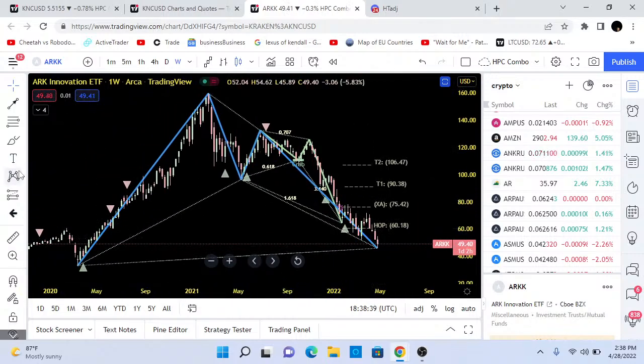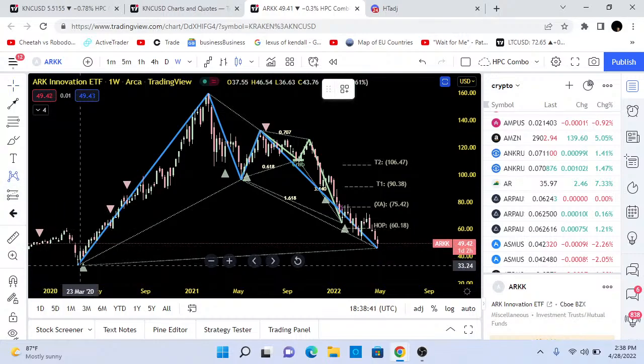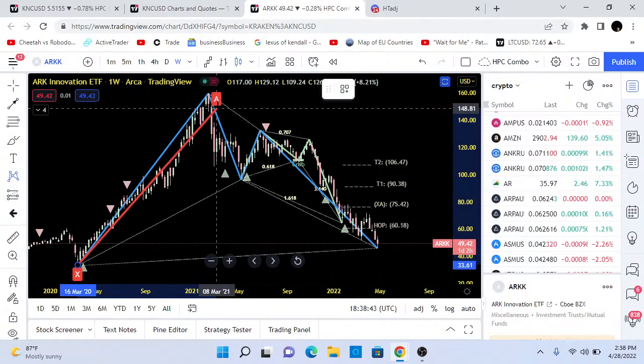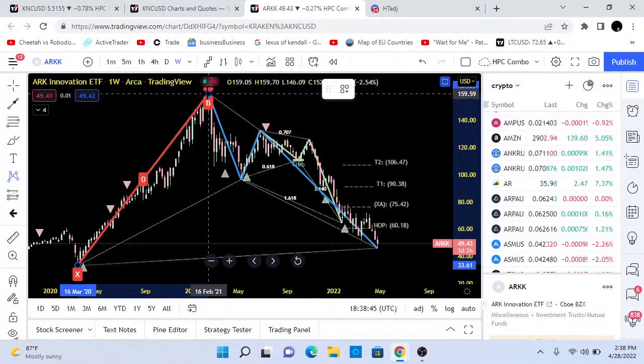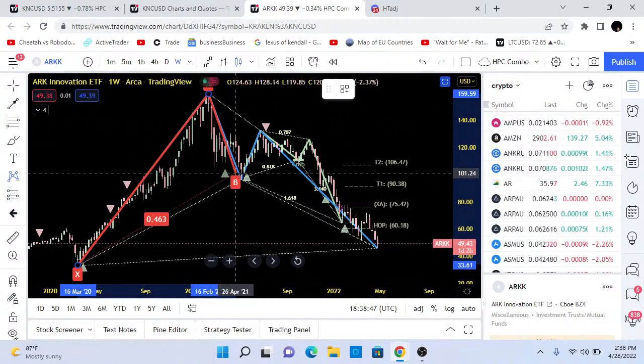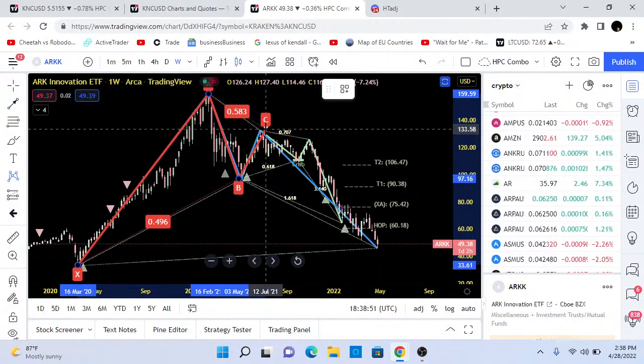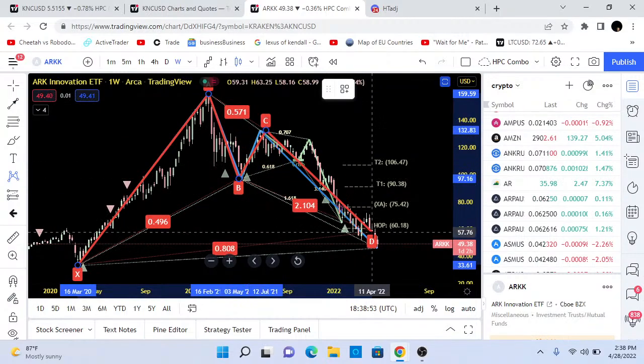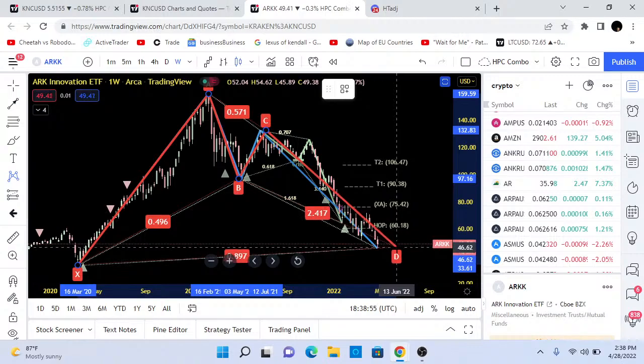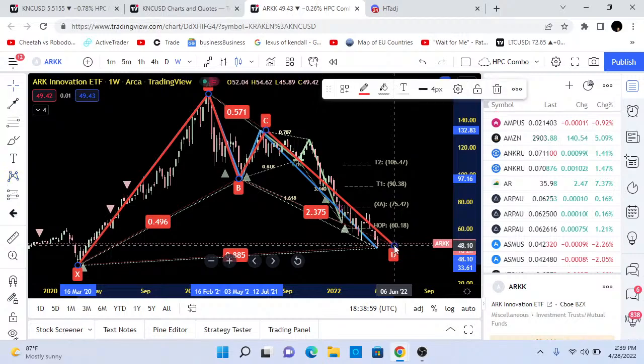More important is the 886 here. Off of, incredibly, that we're already there on the COVID low. COVID low, March 16, 2020. Right back up. C point 886. On the money. Today. This week at $48.